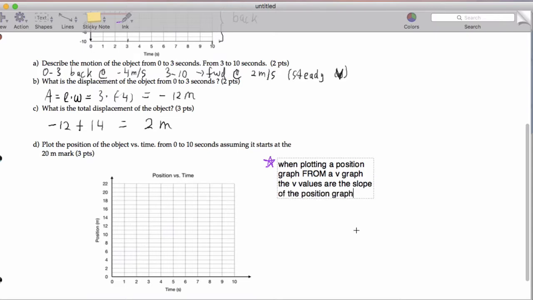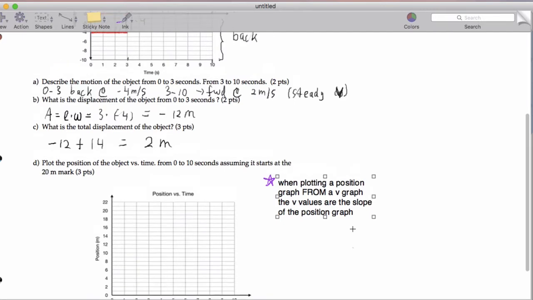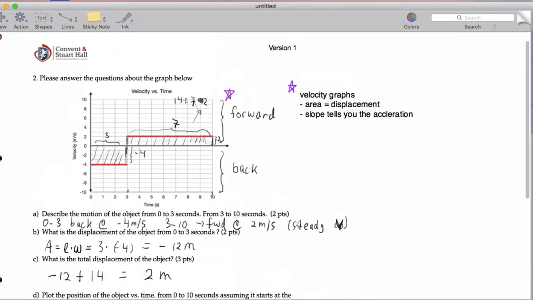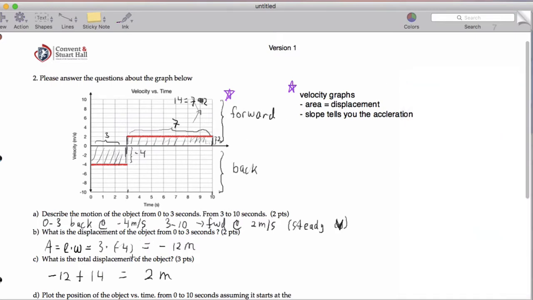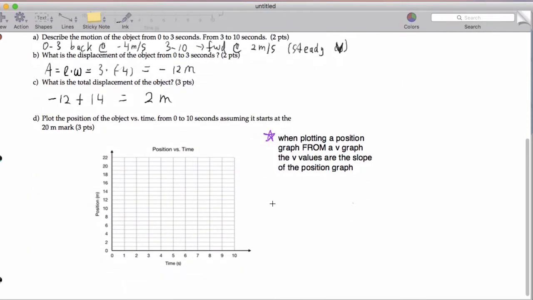Let me be really clear. So on this thing from 0 to 3 seconds, my velocity is -4. That means the slope on this graph is -4.